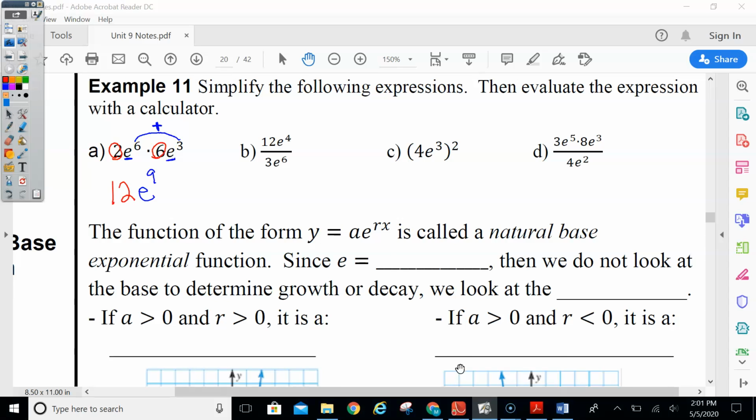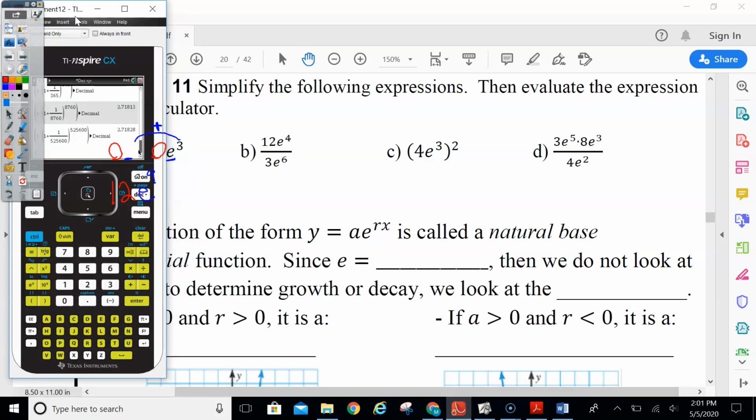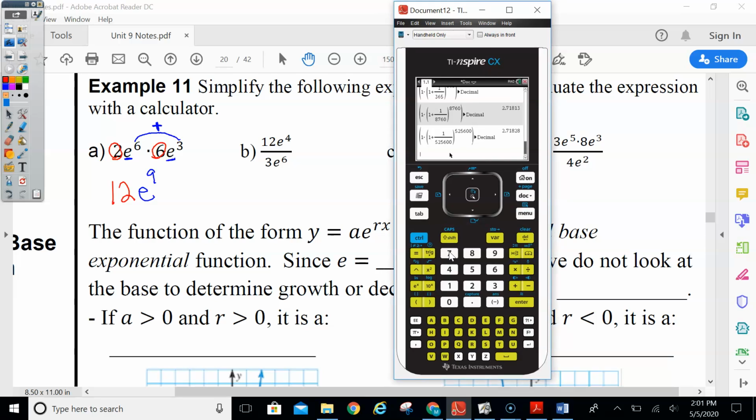I'm going to do it in the calculator, but I'm not going to write it here because these numbers are going to get pretty big. So here I can do 12 e to the 9th, and I get this one with some decimals over there, but it's not showing the decimals, so I'm not going to write these down. The important parts are the properties.